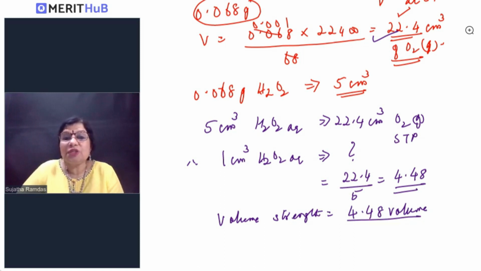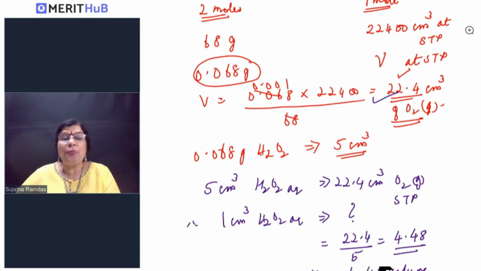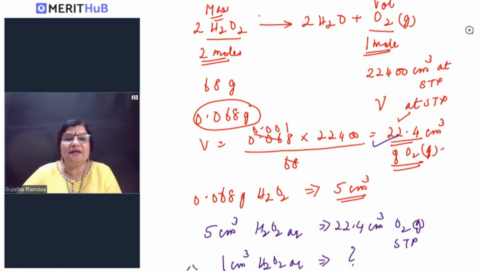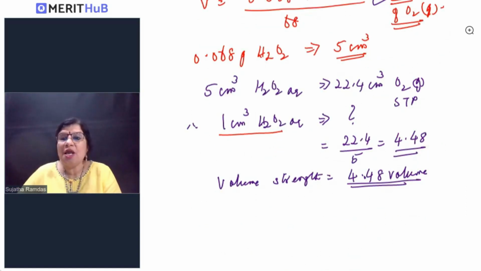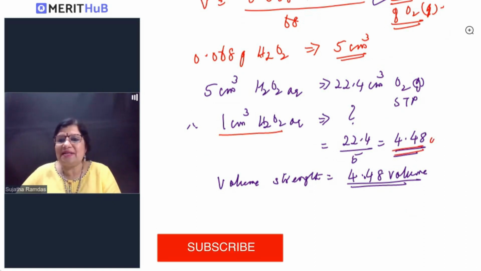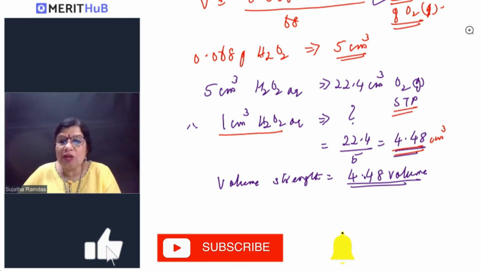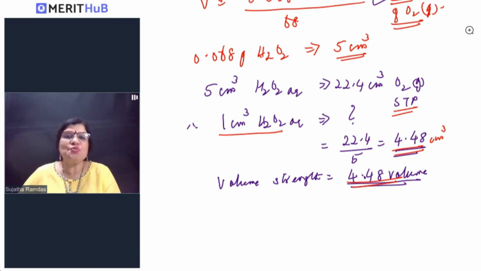Just as we say 20 volume hydrogen peroxide, we now call it a hydrogen peroxide of strength 4.48. Why? Because 1 cubic centimeter of hydrogen peroxide solution produces 4.48 cubic centimeter of oxygen gas at STP. Therefore, the volume strength of hydrogen peroxide is 4.48 volume.